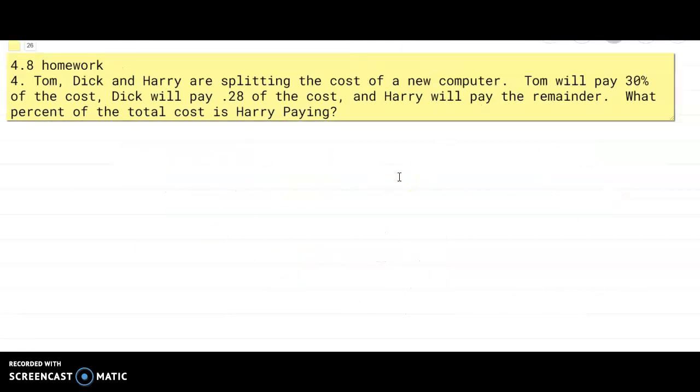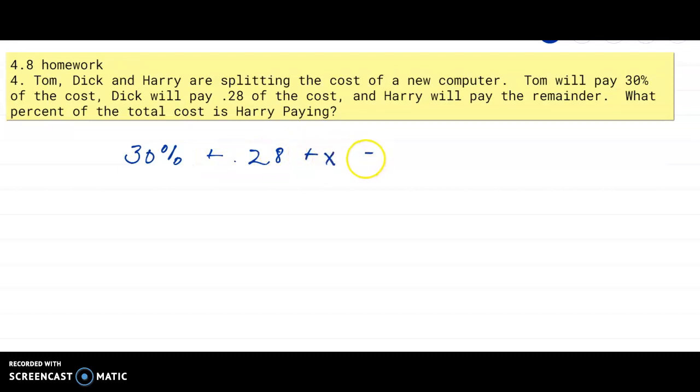Okay, this time Tom is paying 30%, Dick is paying 0.28%, and we don't know what Harry's paying. So we're going to add those amounts. 30% plus 0.28 plus x equals 100%.